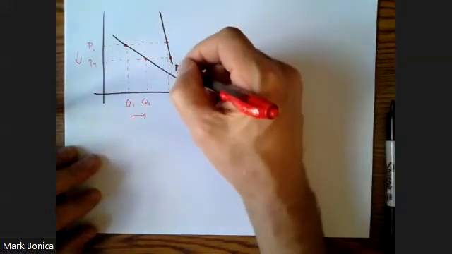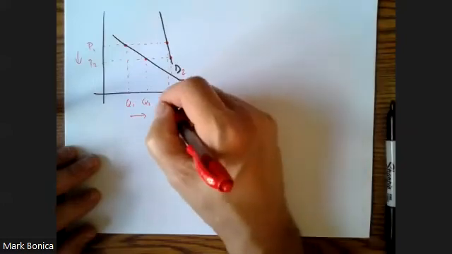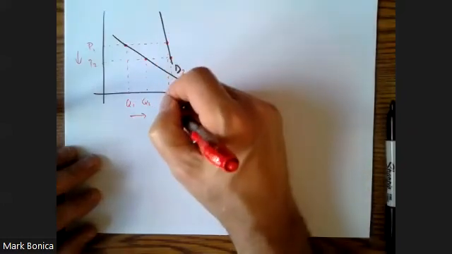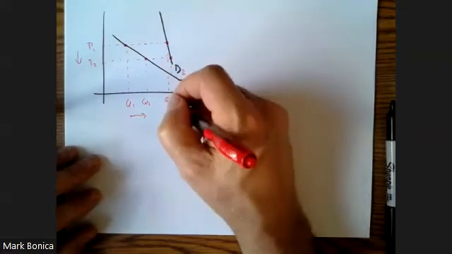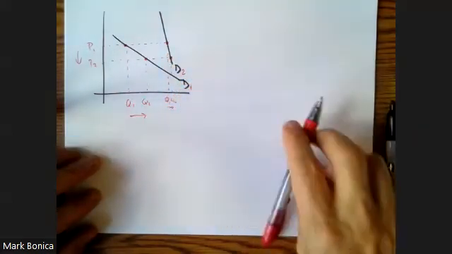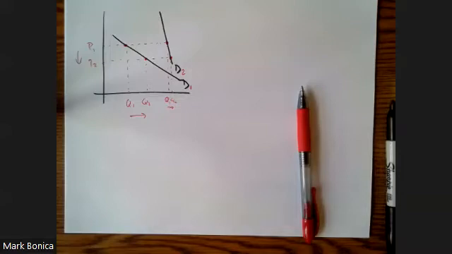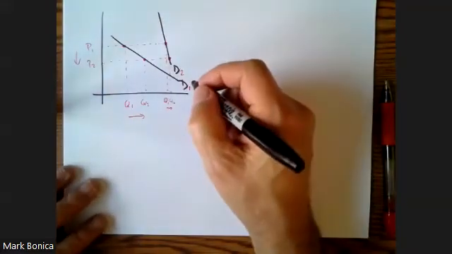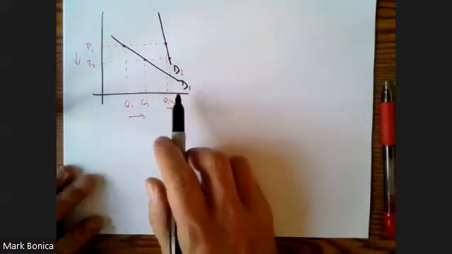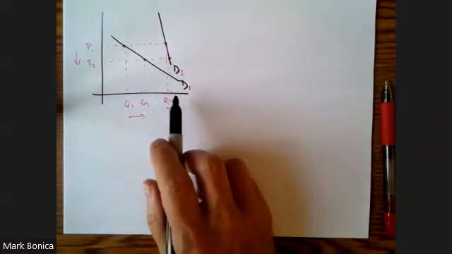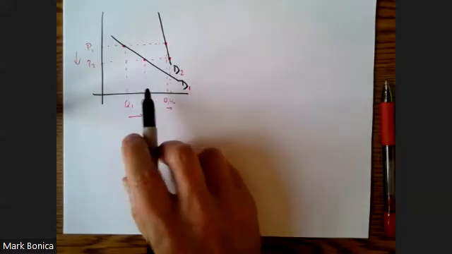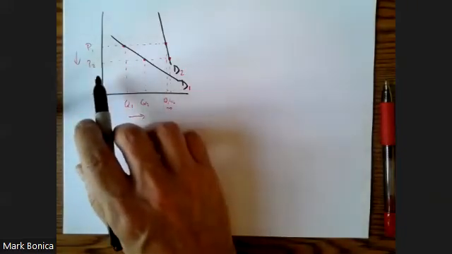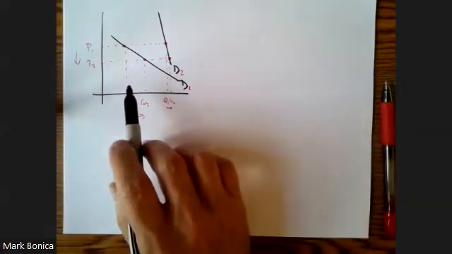But with regard to demand curve 2, at P1, we have Q1, and at P2, we have Q2. That's a pretty small change. And so with an elastic demand curve, right, relatively elastic demand curve, we're going to see a larger quantity response to a smaller change in price.